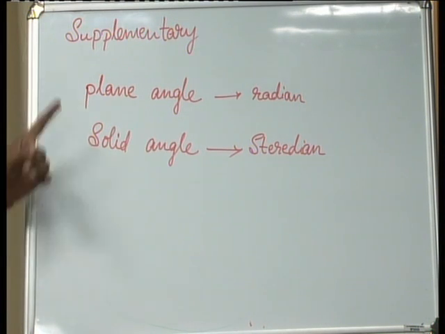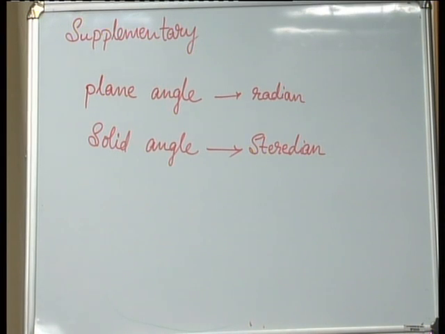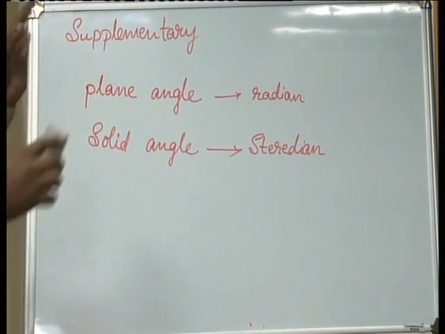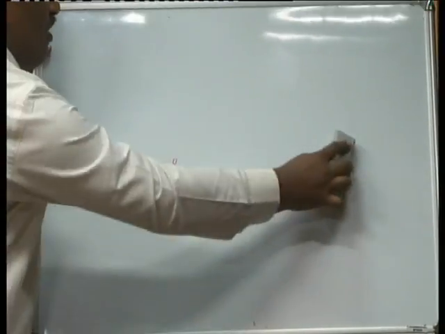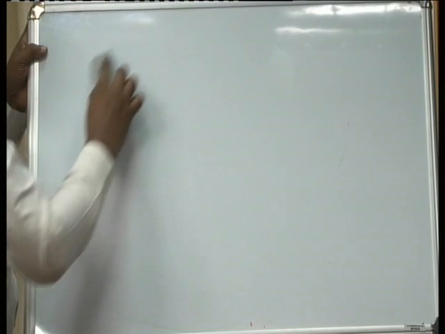In such a case you just write plane angle and solid angle. The advantage of the SI system is that in all the other systems we have only 3 fundamental quantities. Here we have 7 fundamental quantities and along with those 7, 2 supplementary quantities are also there.